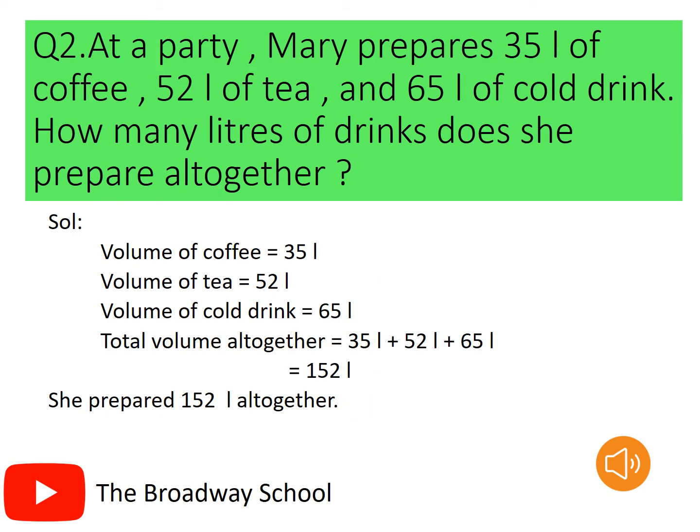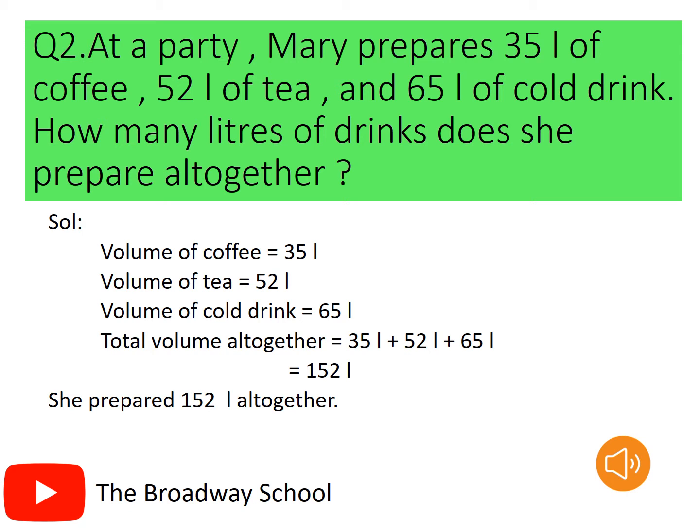Question number 2. At a party, Mary prepares 35 liters of coffee, 52 liters of tea and 65 liters of cold drink. How many liters of drink does she prepare altogether? In this question, we need to make three first statements. Volume of coffee is equal to 35 liters. Volume of tea is equal to 52 liters. Volume of cold drink, 65 liters.